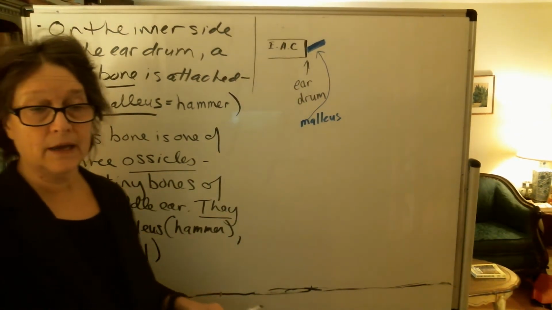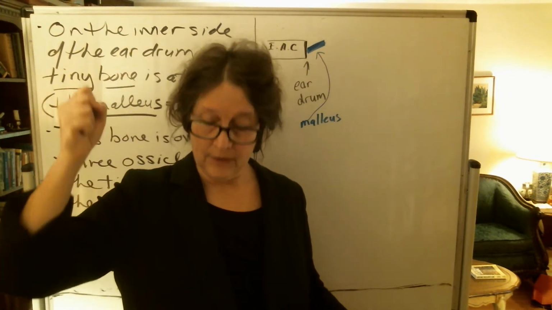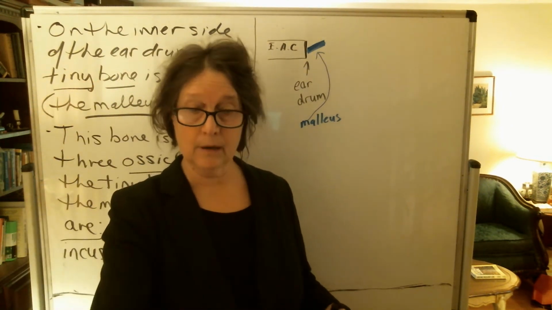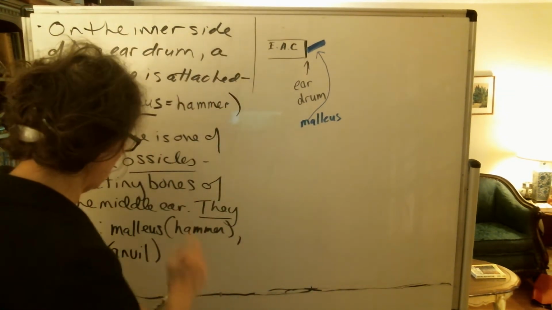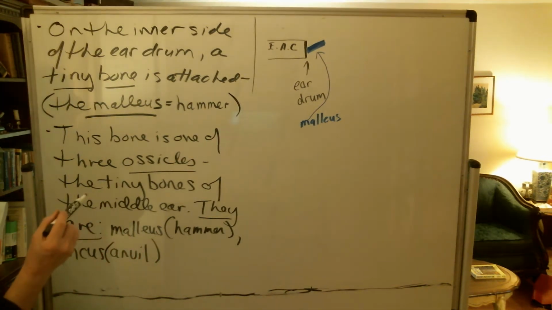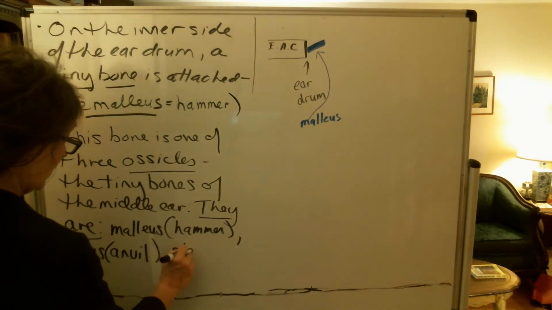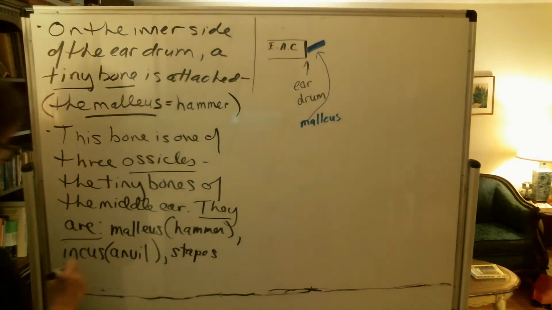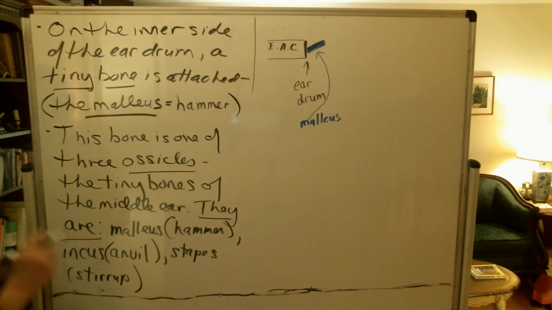So you can imagine in a blacksmith shop, somebody would have a hammer and they would be hitting a piece of metal, but the metal would have an anvil behind it. So you have the hammer and the anvil here, the malleus and the incus, and then we move away from blacksmithing to the last bone, which is the stapes. And stapes translates to stirrup.